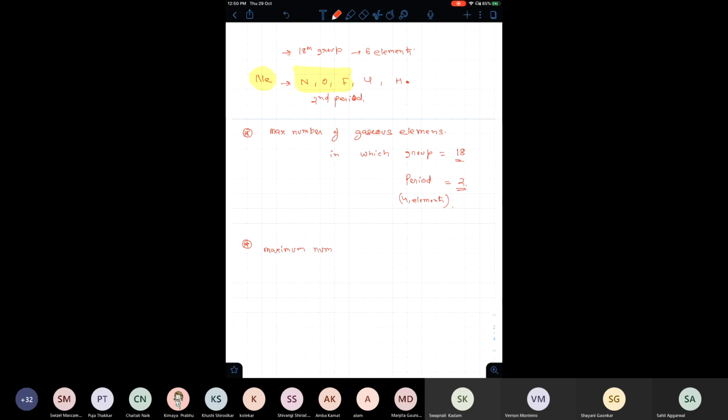Maximum number of liquid elements in the modern periodic table.